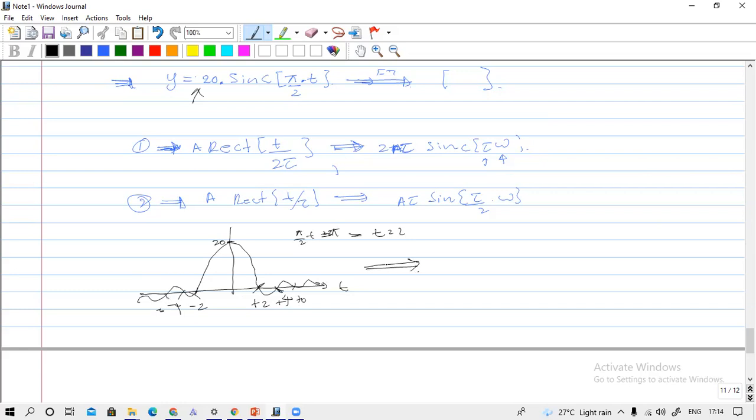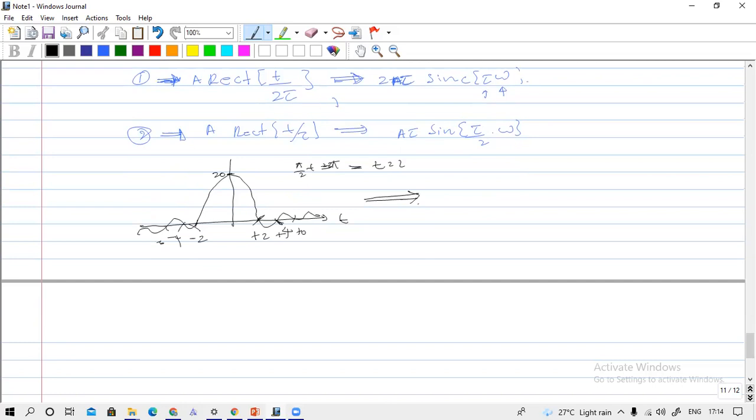If we know this signal, we can get any signal. If you have a signal rect(t/τ), the Fourier transform is τ Sinc(τω/2).